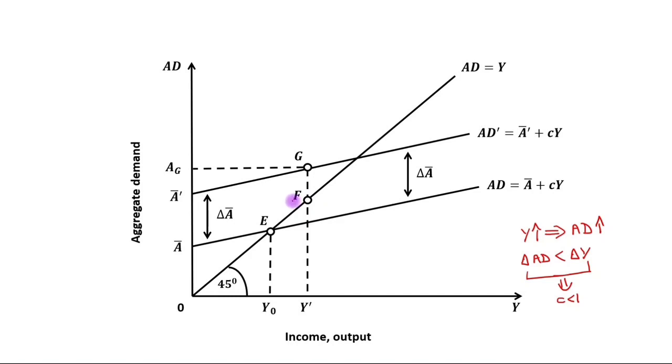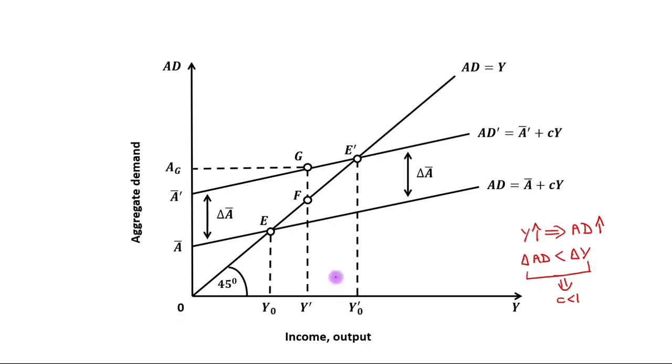Okay, now the new equilibrium will be achieved at the intersection point of the 45-degree line and this new AD curve, that is point E dash. The new equilibrium level of output is OY dash 0.